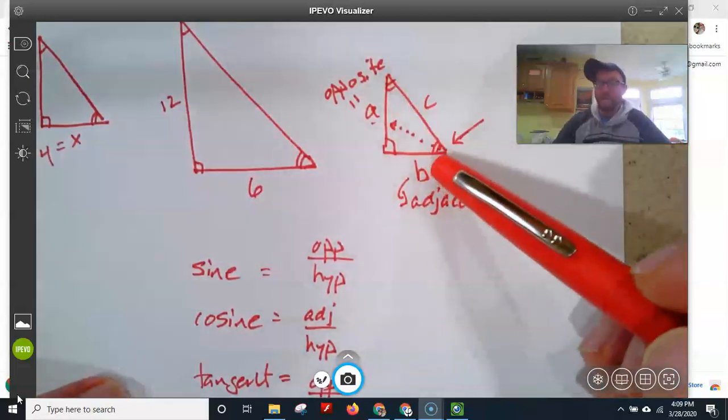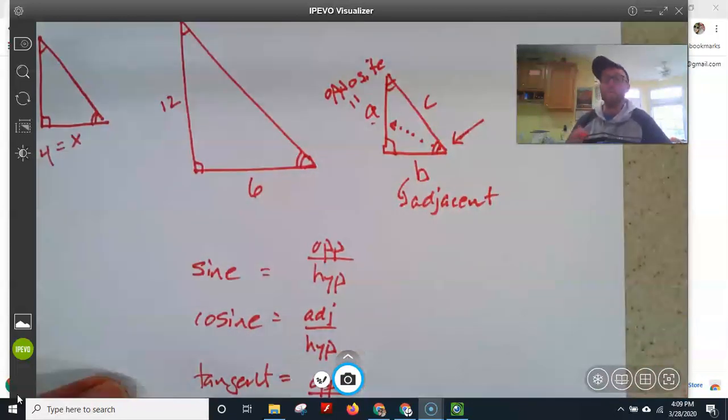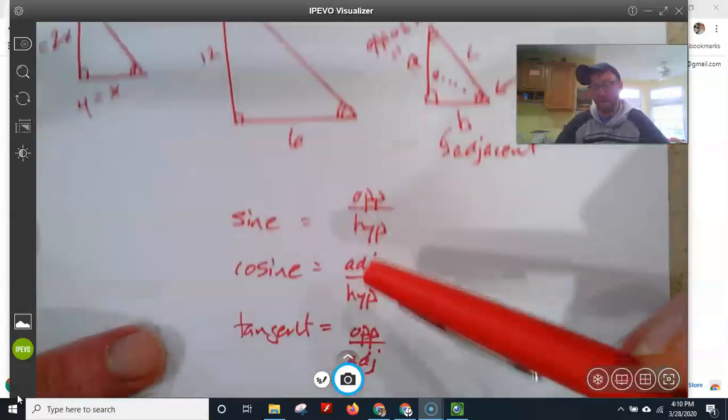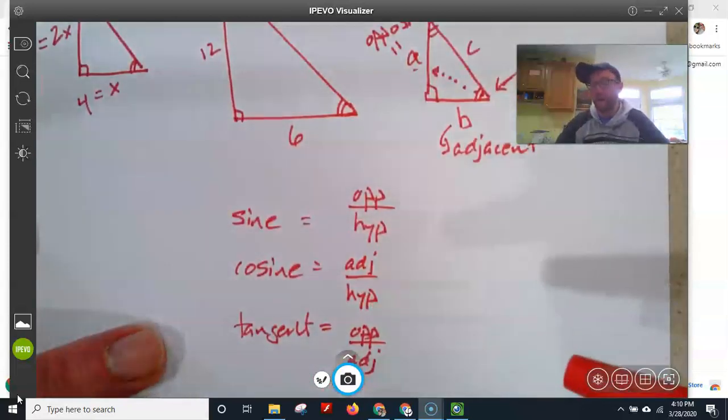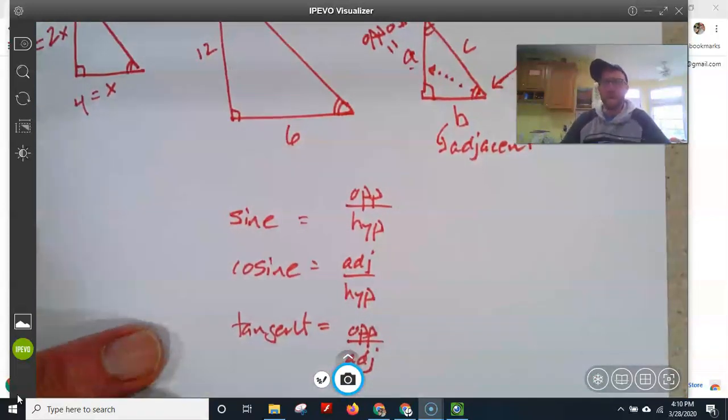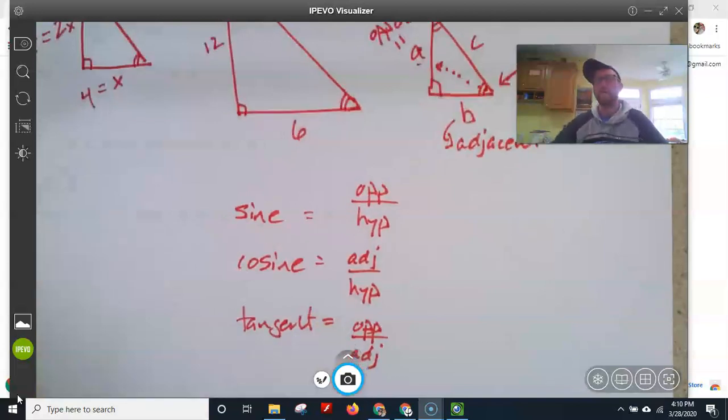And if we know both angles, we know what family of triangles it belongs to, and we know the relationships between the three sides. Of course, the calculator will give us those actual values, and we'll deal with that later on. Right now, we're just trying to identify what's sine, what's cosine, what's tangent. So next, we'll take a look at some examples.